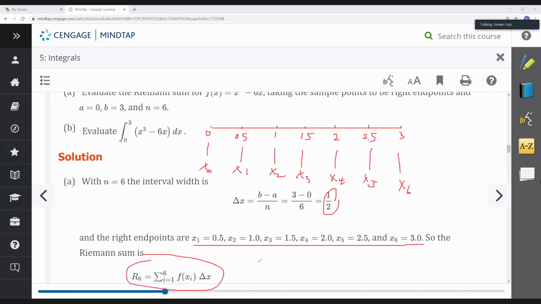The Riemann sum, by instruction, you have to use the right endpoints, so that's R6. Rn, R6, because n equals 6. R6 is given by this sigma sum: f, you choose the right endpoint as height, the right endpoint is f(xi), times the base, which is delta x, then i from 1 to 6.